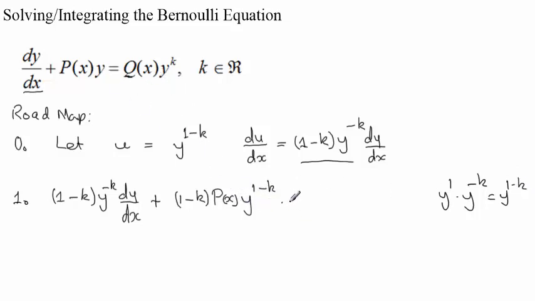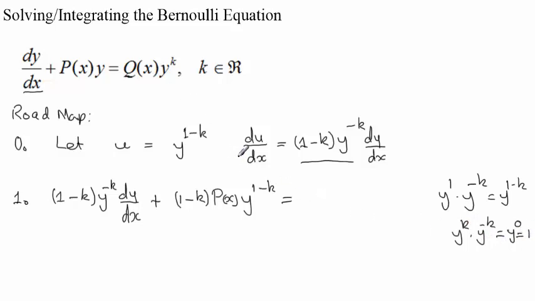Then equals, on the right-hand side, we will be multiplying by this. In this case we multiply y to the power k by y to the power minus k right here, which will give you y to the power 0, which is definitely y^k divided by y^k, which is 1.